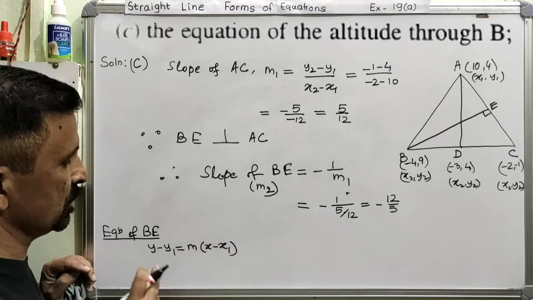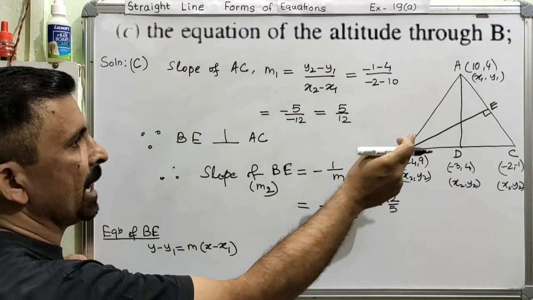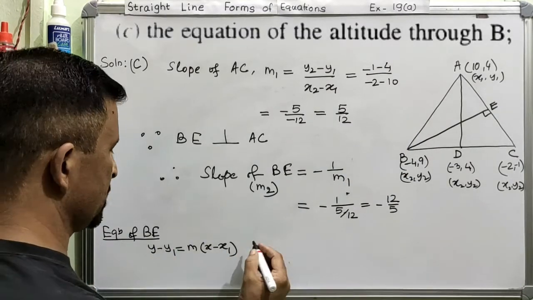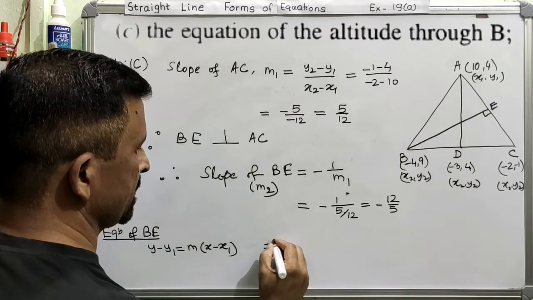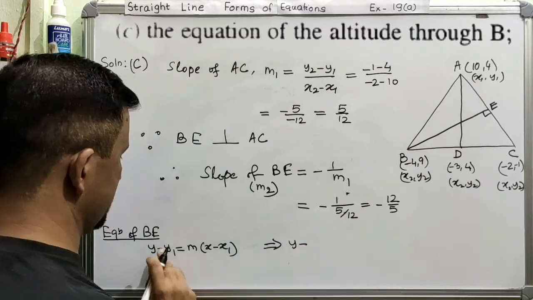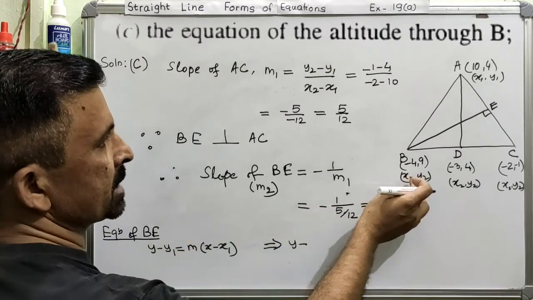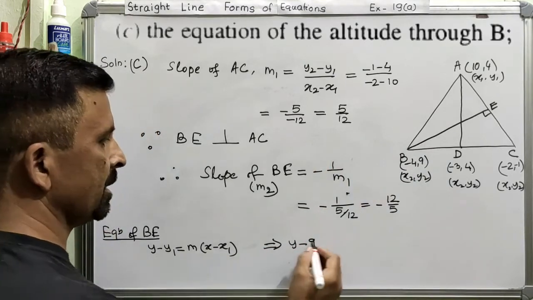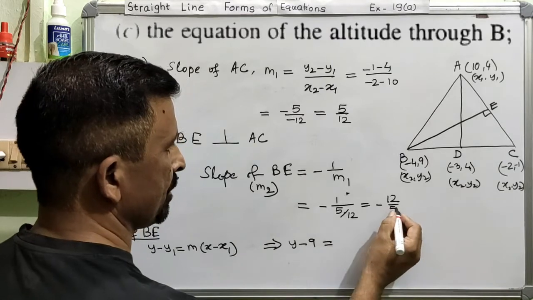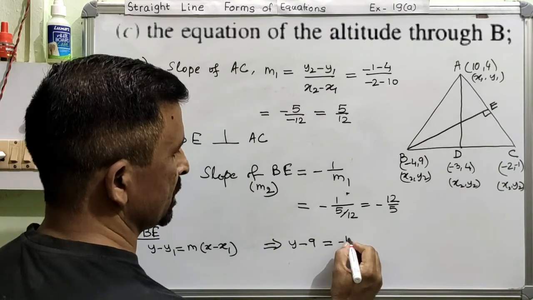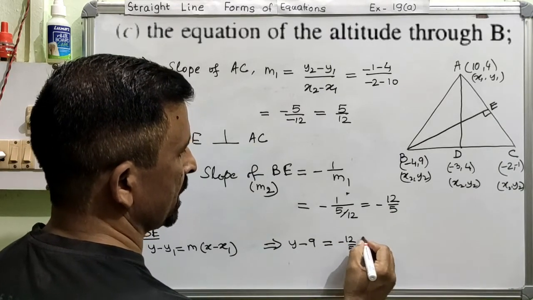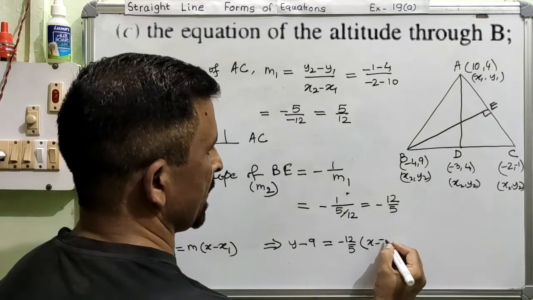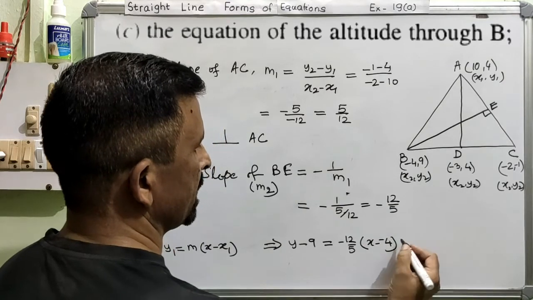This formula is to be used when you have the coordinate of one point and one slope. Clear? Let us put the values of y1 and x1. So this implies y minus 9, clear, is equal to m, the slope, negative 12 over 5, into x minus x1, and x1 is minus 4. So minus 4. Is it okay?